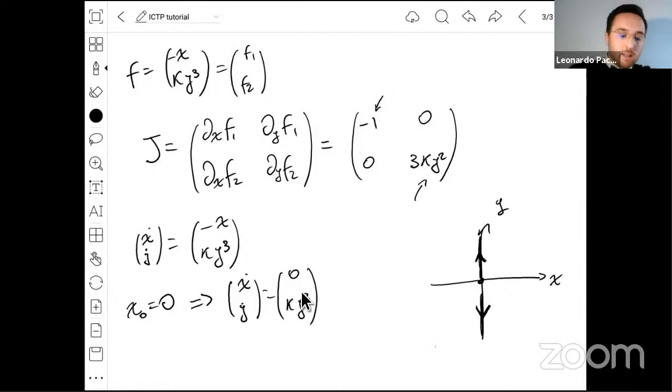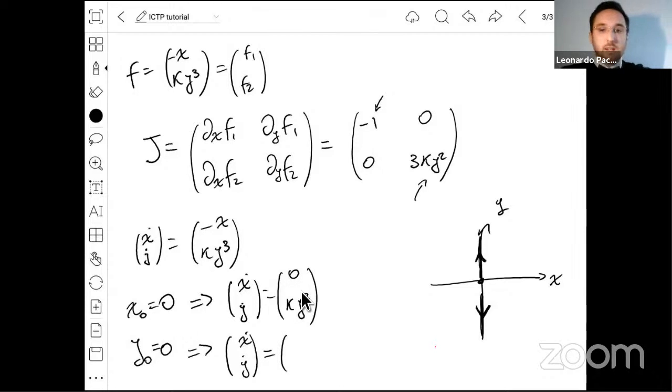Okay. Similarly, if we start on the x-axis, so if y0 in the initial condition is 0, our system will become x dot, y dot equal -x0. So if we start on the x-axis, the solutions will move on the x-axis, and in particular, x dot will be negative when x is positive, so the solutions will move in this way, and it will be positive when x is negative.